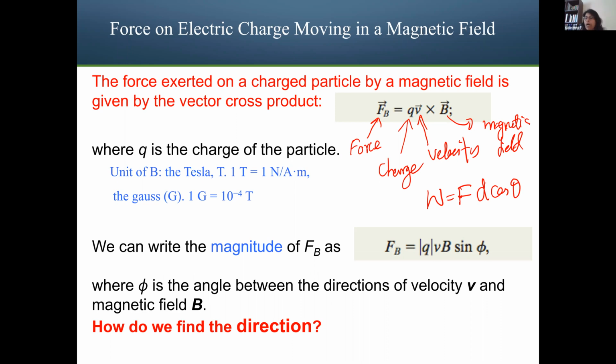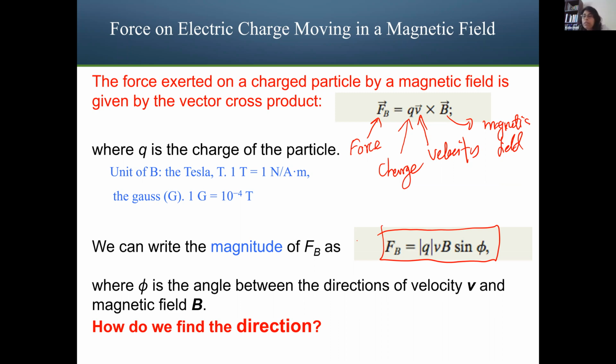That means when they are parallel or anti-parallel, you get the maximum work done, right? But if it is a cross product, you get the sine of theta. Then for q, v, and B, you write the formula with the sine of phi, whatever angle is between v and B; phi in this case.